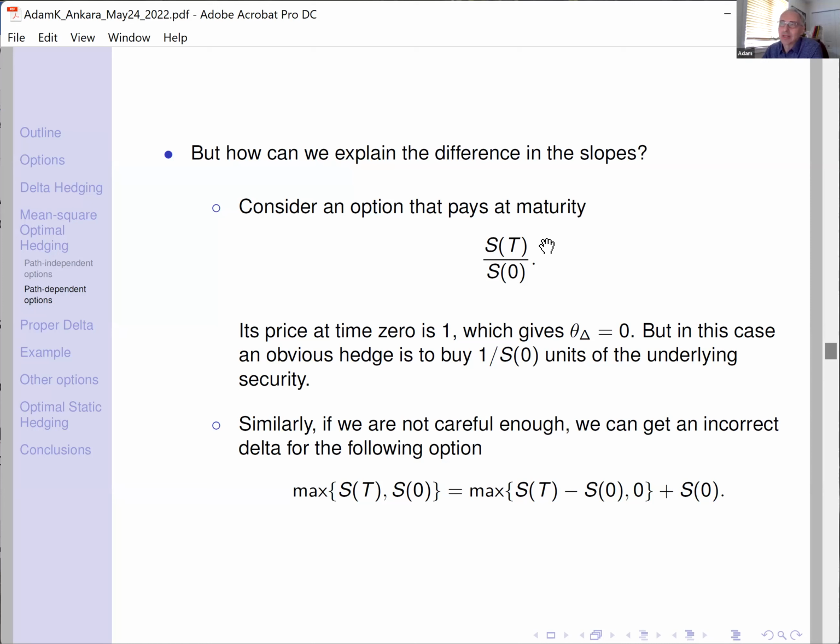However, if I recognize the situation as the one when I have 1 over S0 number of shares of the underlying, there is perfect hedge. All I have to do is to buy 1 over S0 units of the underlying, and this will give me perfect hedge.